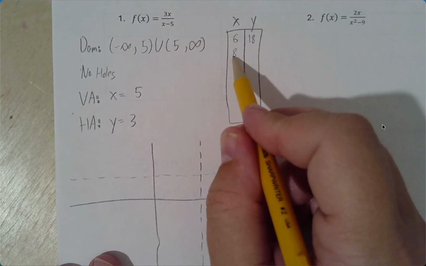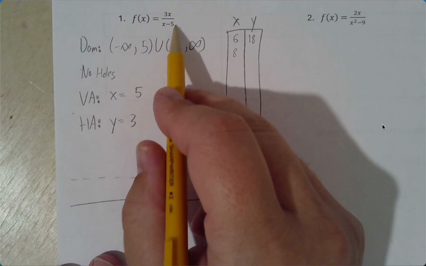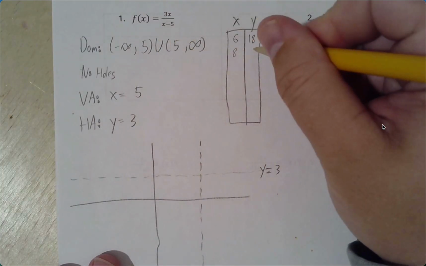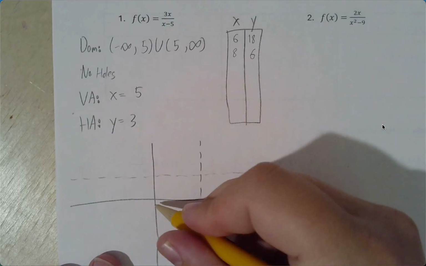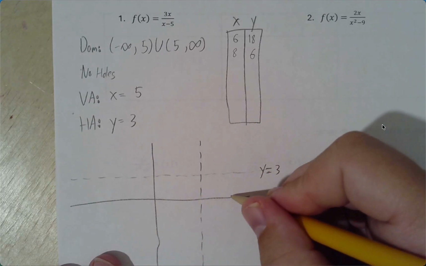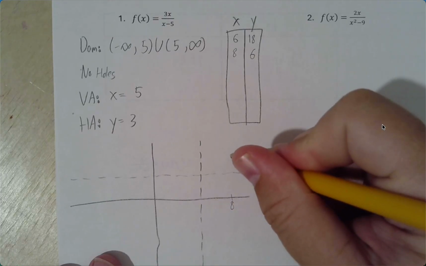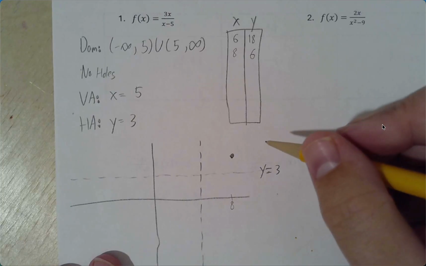I like plugging in 8 because 24 over 3 is 6. So that's finally something I can graph. If I move over 3 units to 8, I end up getting 6. Interesting.